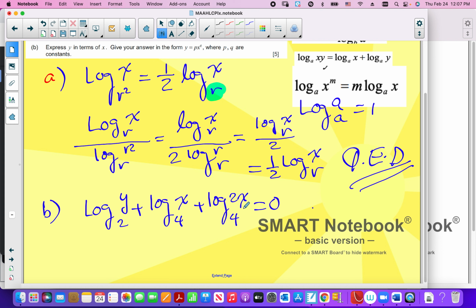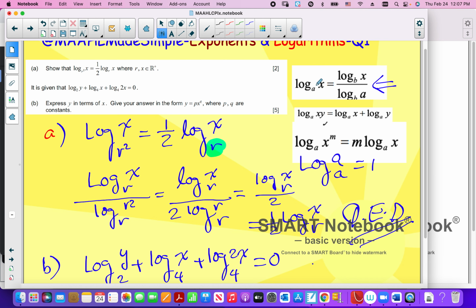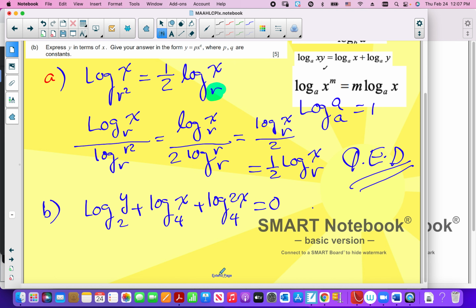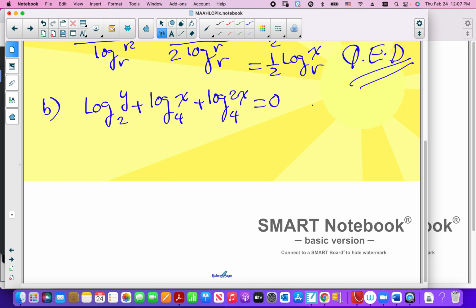Once again, I'm going to utilize the different base theorem, log x base a. So I'm going to express this one in terms of this base. I want to change it to 2, and this one I want to change it to 2.